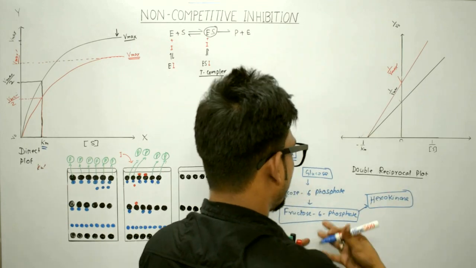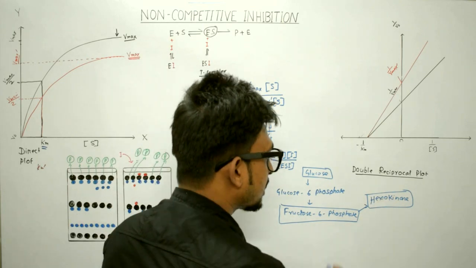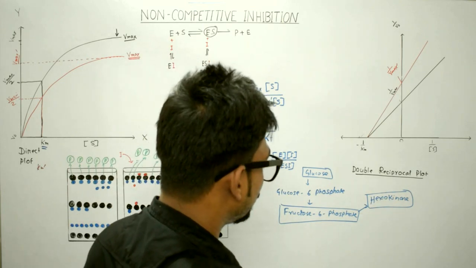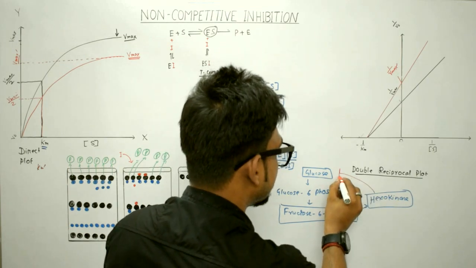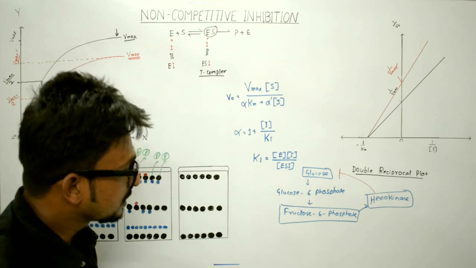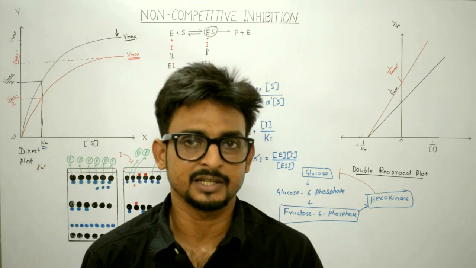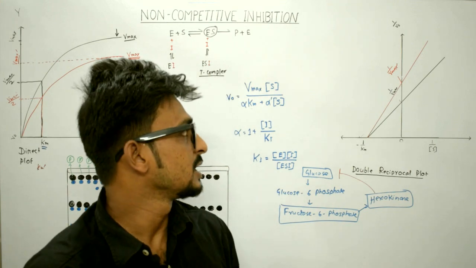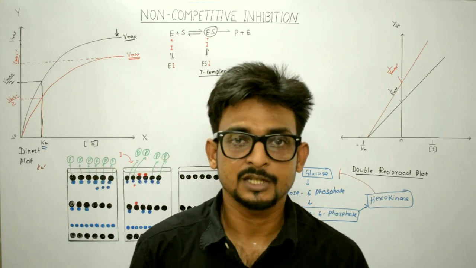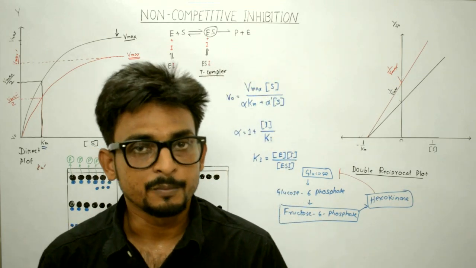And due to the binding of this fructose 6 phosphate with the hexokinase, the hexokinase is not able to phosphorylate glucose into glucose 6 phosphate. So this is one example. You can find many examples if you go through the internet and Wikipedia. So this is all about the non-competitive inhibition, and in a future video I will discuss the uncompetitive inhibition.